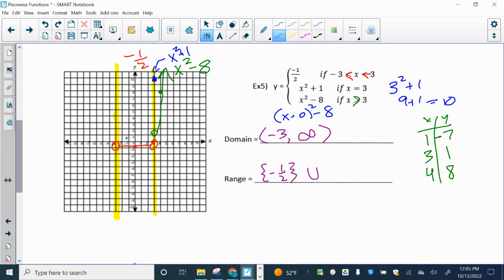Notice it's not in between here, right? We don't have the values in between -1/2 and 1. Okay, then at the y value of 1, it's going up forever. Okay, and then since we have an open circle here at this y value of 1, we're going to use a parenthesis, 1, it's going up forever to positive infinity.